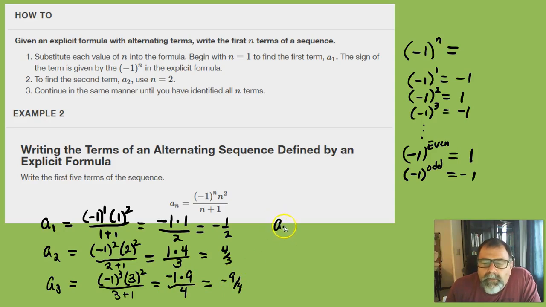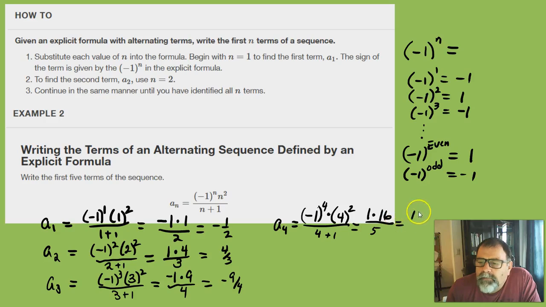Then a sub 4 will be negative 1 to the 4th times 4 squared over 4 plus 1. So that'll give us positive 1 times 4 squared, 16, over 5.